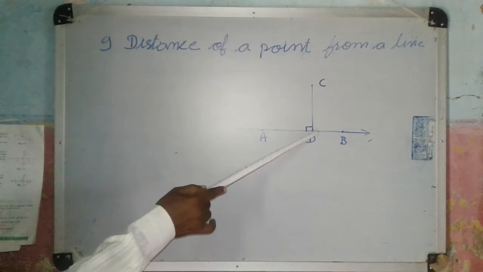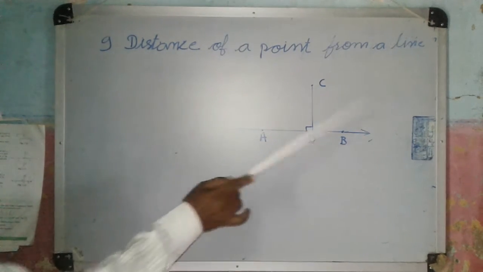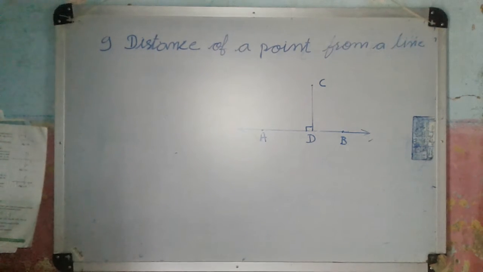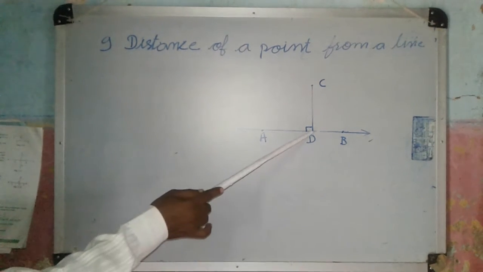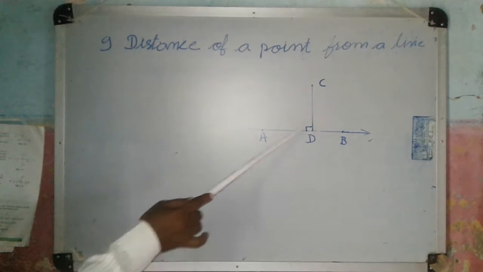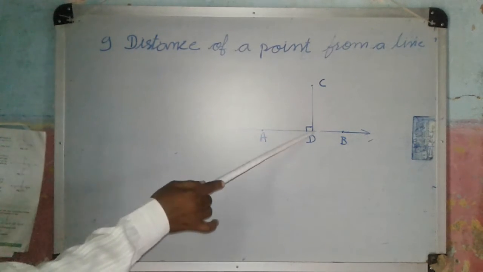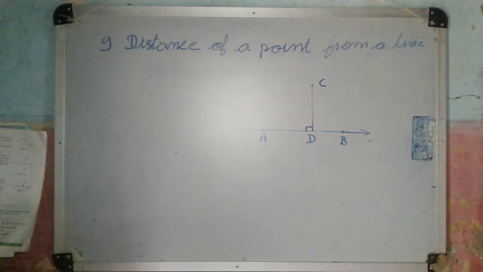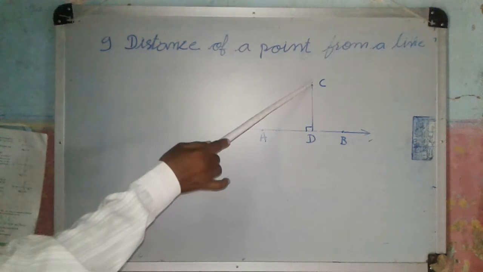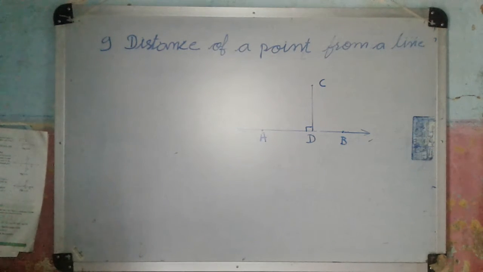If segment CD is perpendicular to line AB and the point D lies on line AB, then the length of segment CD is called the distance of point C from line AB.